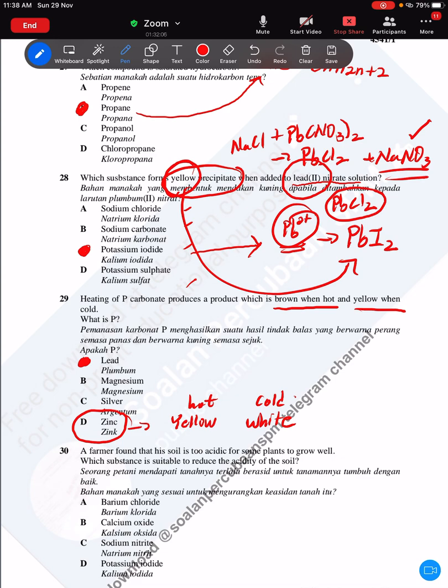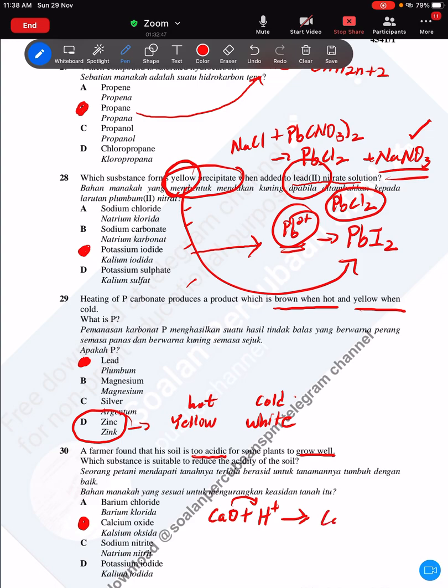A farmer found that his soil is too acidic for some plants to grow well. Okay, poor farmer. Next, which substance is suitable to reduce the acidity of the soil? Which one is quite alkaline? Tell me. Clever, calcium oxide. Yes. Why is it so? Look here. You notice calcium oxide, CaO, and acid stands for H+, and what will happen when you mix these two?